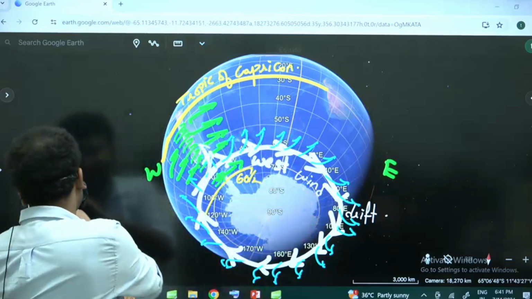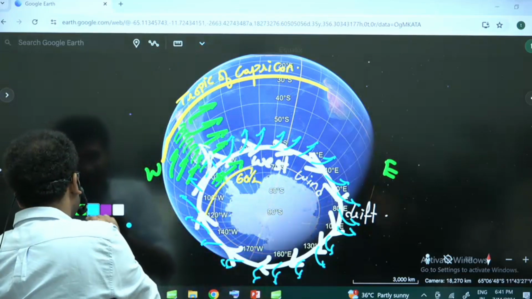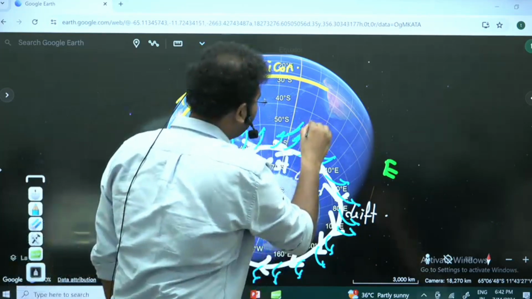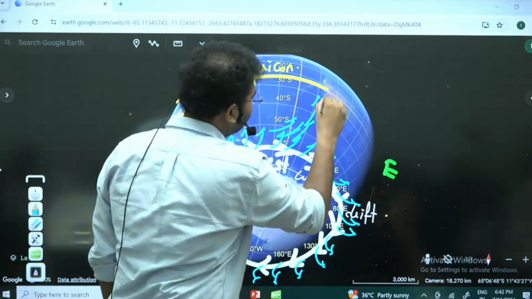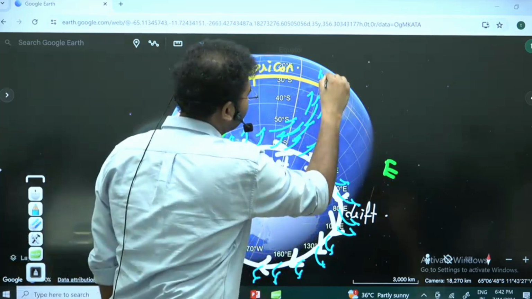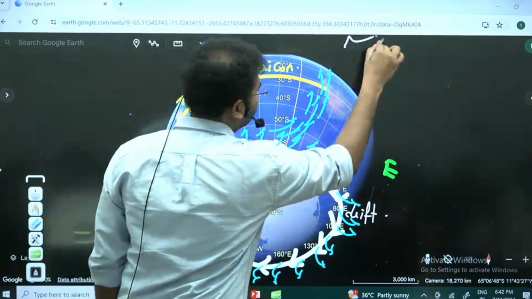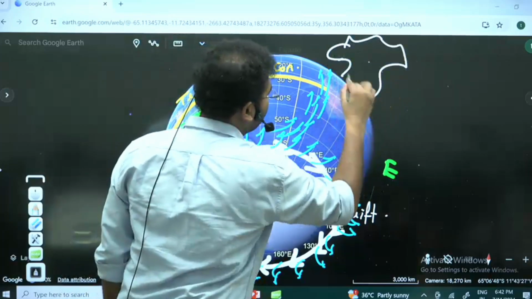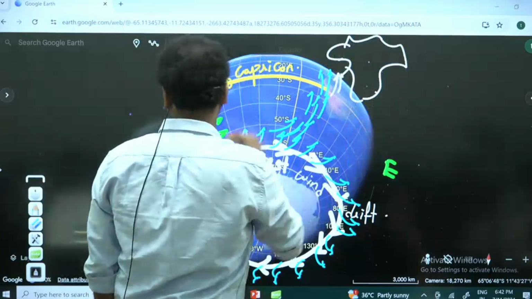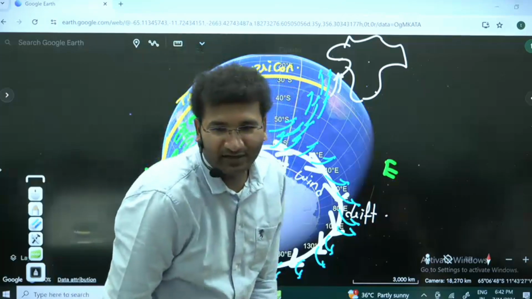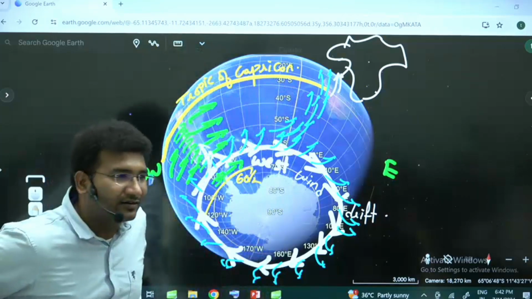So a part of this current which is moving towards Africa like this. Look here, this is the same part of the current, all this water. What is the name of this current which is going towards Africa? Benguela. So Benguela, cold water current or warm water current?